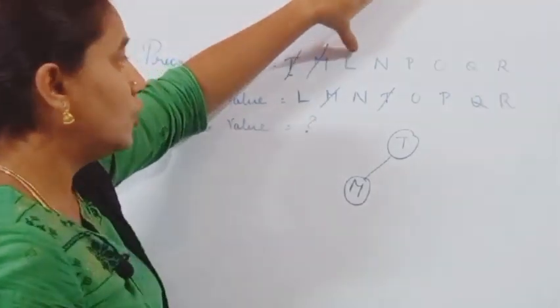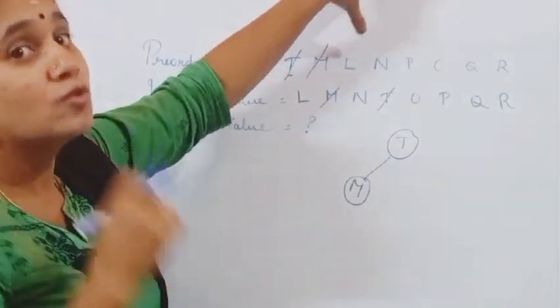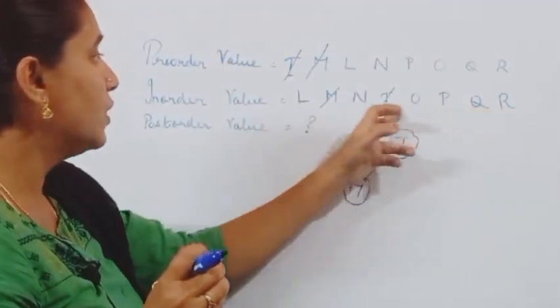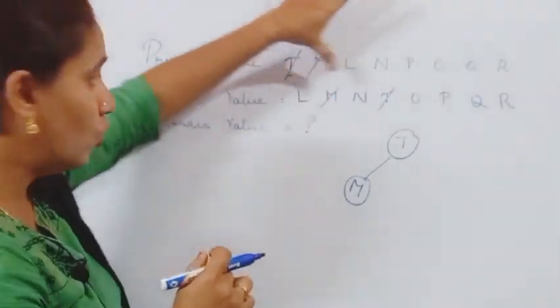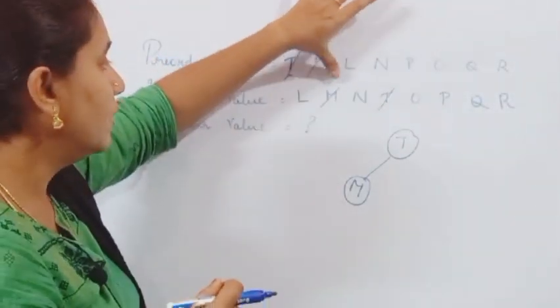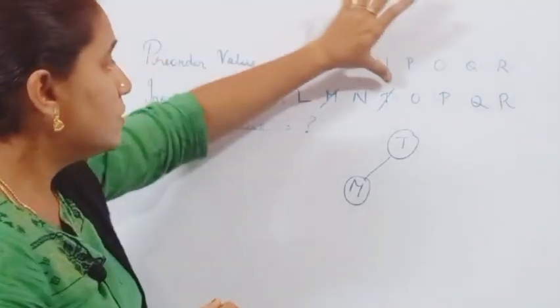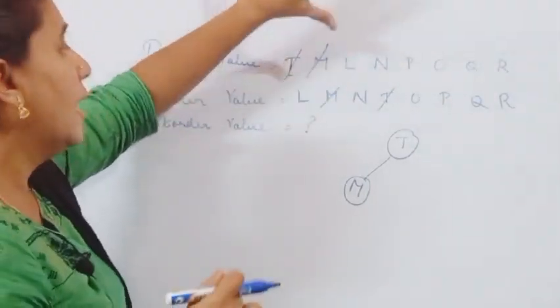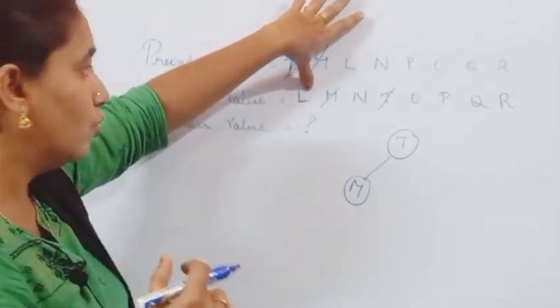What is the next value? L. From this, where should I write L? I should find that from the in-order traversal. L is present to the left of T and to the left of M, isn't it? From the root node, L is present to the left, and again it is present to the left of M. Friends, can you follow?